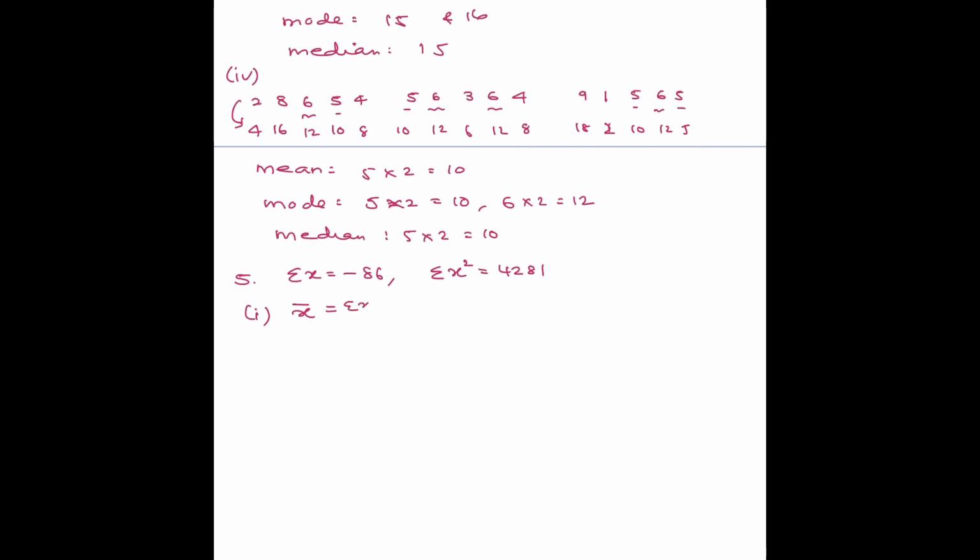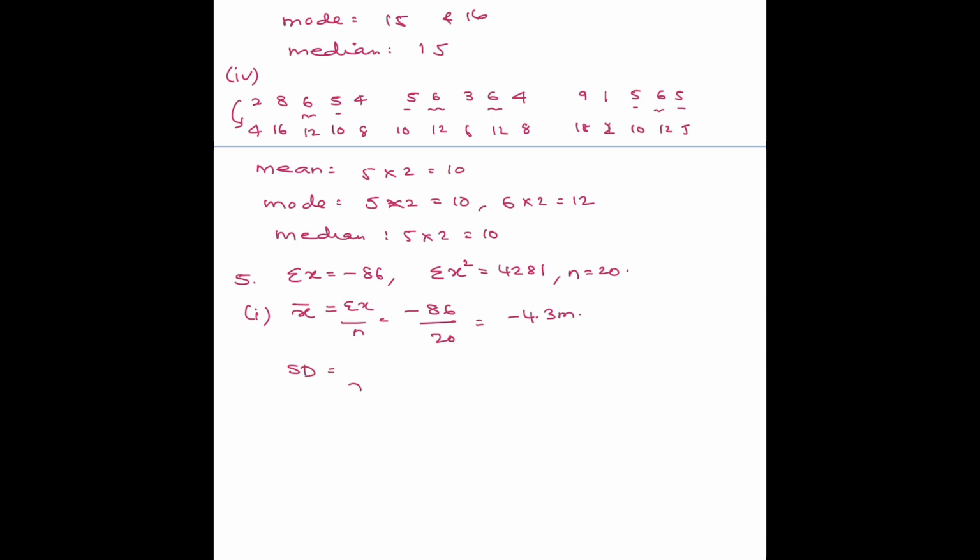Let's try this. Mean x bar is sigma x over n, negative 86 over n. n is 20, right? So divide by 20, which is negative 4.3. All right, let's try the next one.